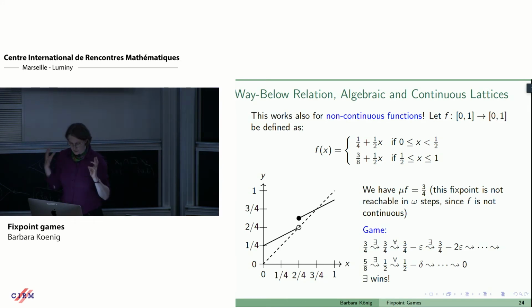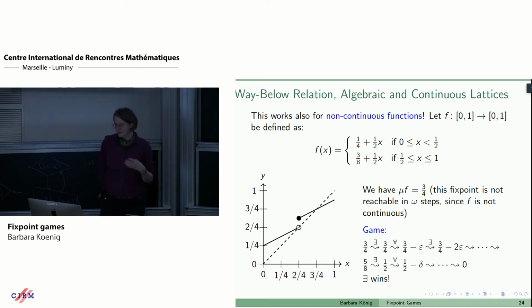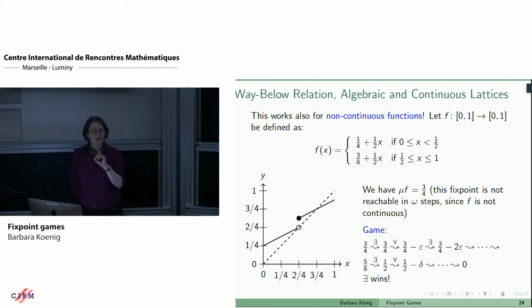That's not a proof, of course, but just to convince you that things work fine, in particular for non-continuous functions. For continuous functions you think, okay, it will probably work. But why does this work for non-continuous functions?